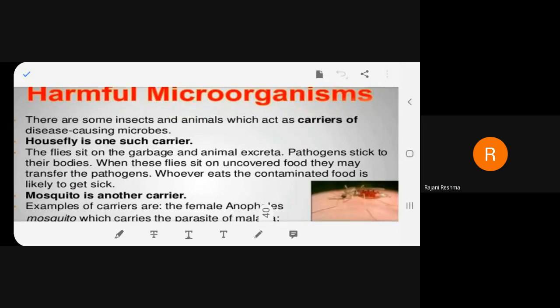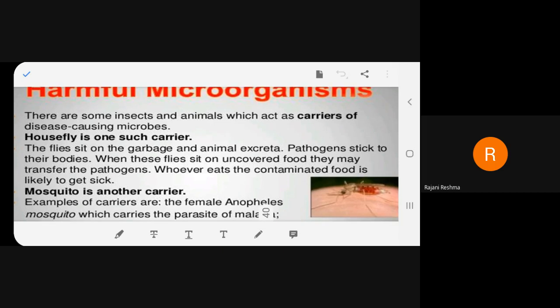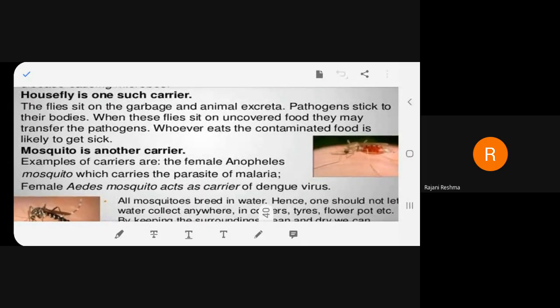How do you find? Better? That's it, simple. Okay, fine. So now we are going to see certain insects and animals which are actually behaving as the agents of the disease. They are carrying the disease from the infected person to the healthy person, and those animals are called carriers. Let's see, this is the first carrier that we are going to talk about, beta.